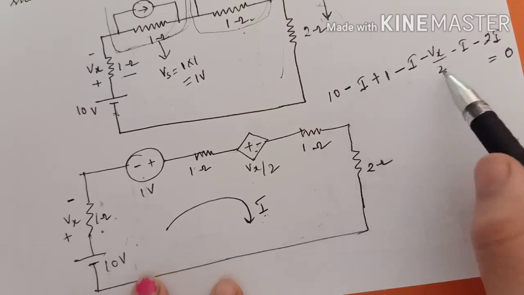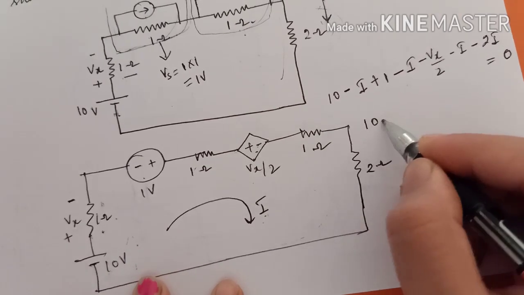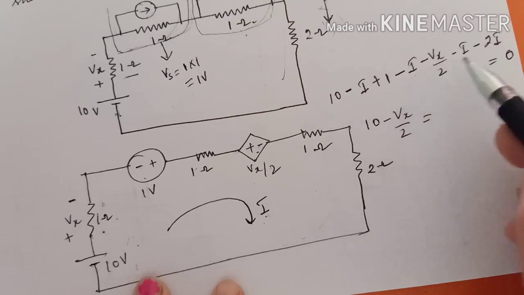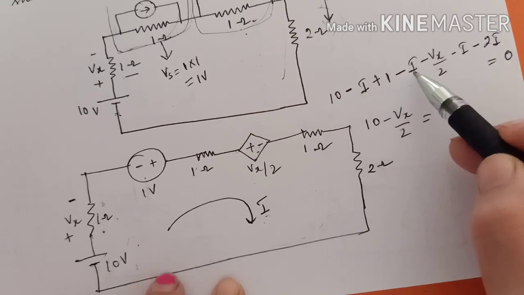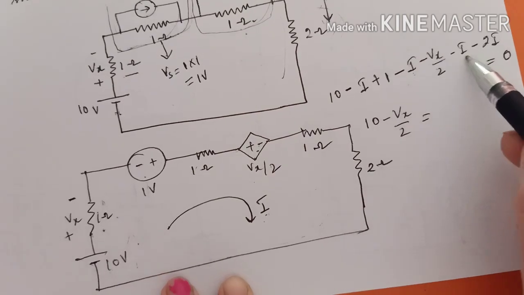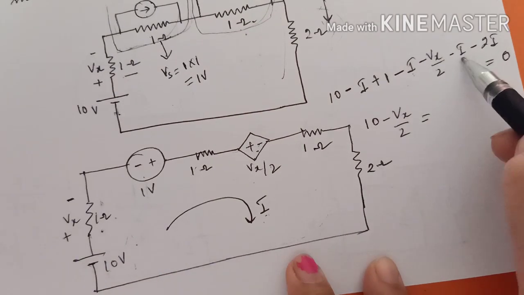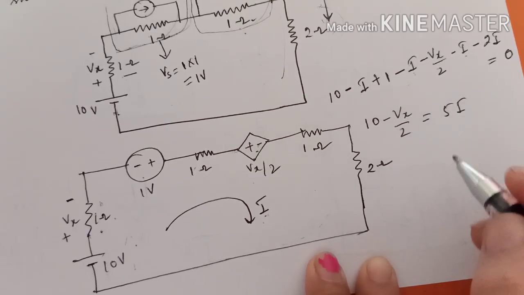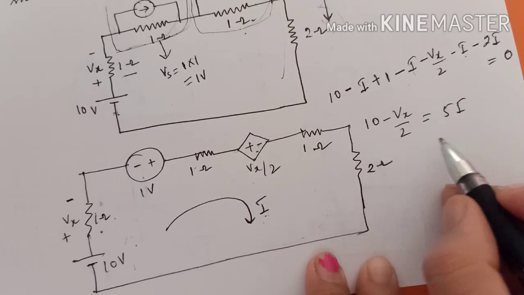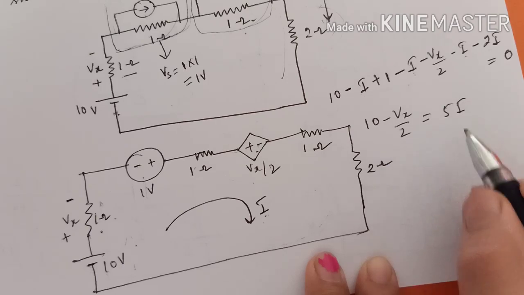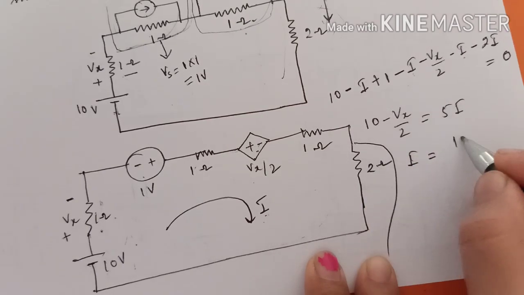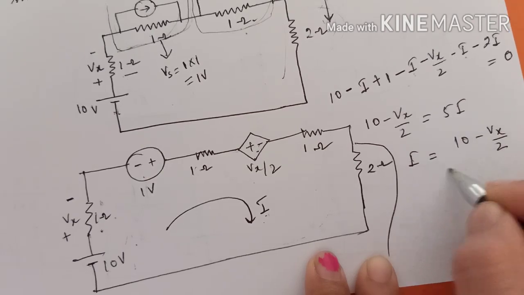Clear? So here 10 minus Vx by 2 equal to I plus I is 2I, 2I plus I is 3I, 3I plus 2I is 5I. So this is 5I. So 10 minus Vx by 2, so I will be 10 minus Vx by 2 divided by 5.